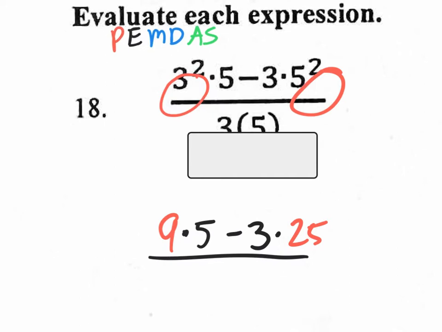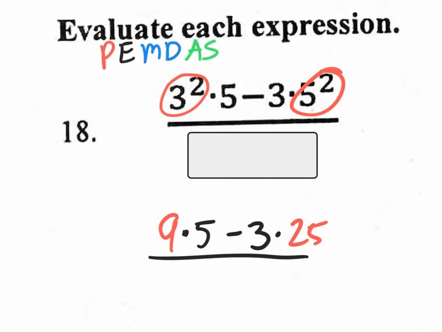So I would rewrite it again. I put equals, 9 times 5 is 45, 3 times 25 is 75. There is a minus sign between it. And 45 take away 75, that is negative 30.